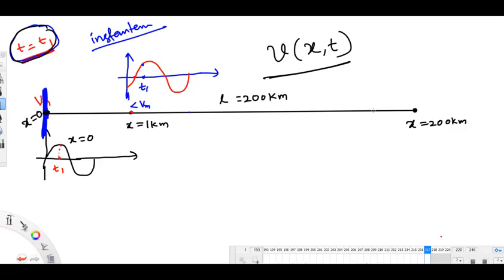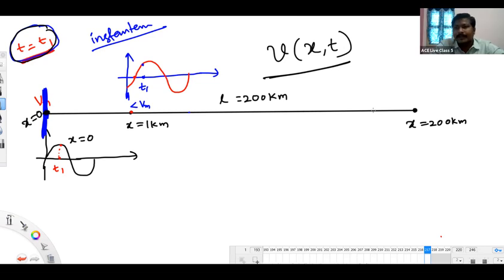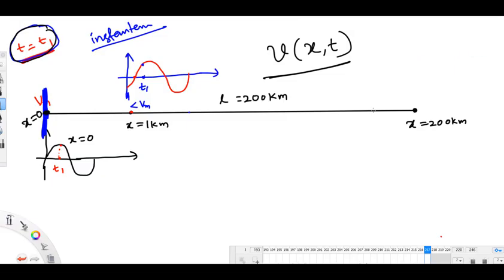Unequal. The phase shift is not equal to 2 pi. How much phase shift did you get by reaching 200 kilometers? Beta L.